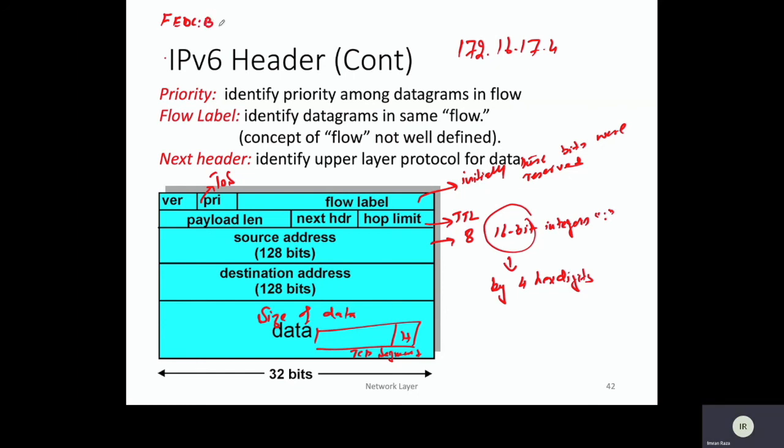Then we have again 4 hex digits separated by a colon. Separated by a colon. 9, 8, colon.